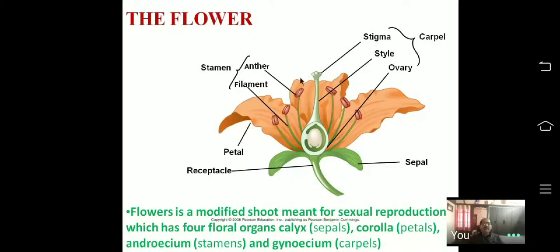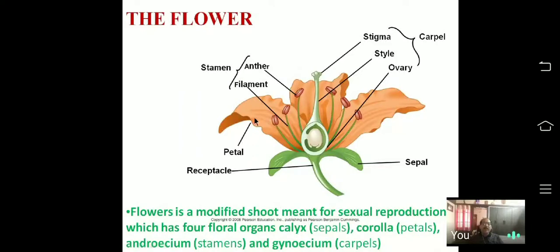These are the different parts of a typical flower. Of the four whorls, calyx and corolla are called non-essential whorls, whereas androecium and gynoecium are called essential whorls, because in the absence of androecium or gynoecium, reproduction cannot take place.